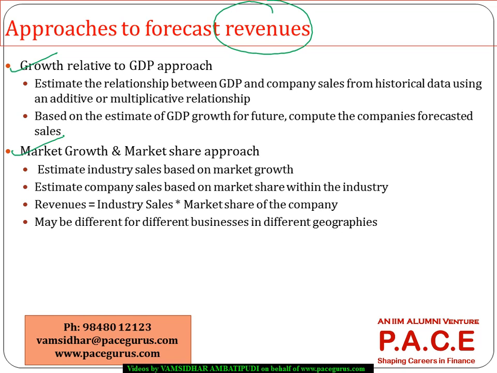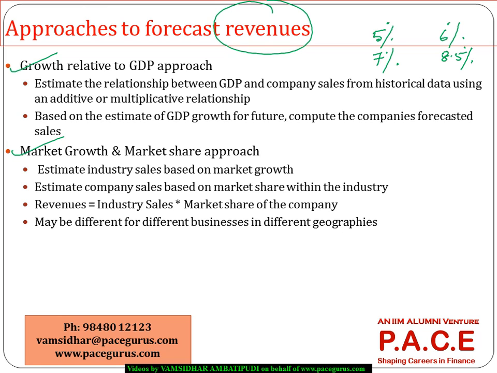So I'll try to see at what rate the GDP is expected to grow. Let's say, historically I have seen that when the GDP was growing at 5%, my company was growing at 6%. When the GDP was growing at 7%, my company was growing at 8.5%.